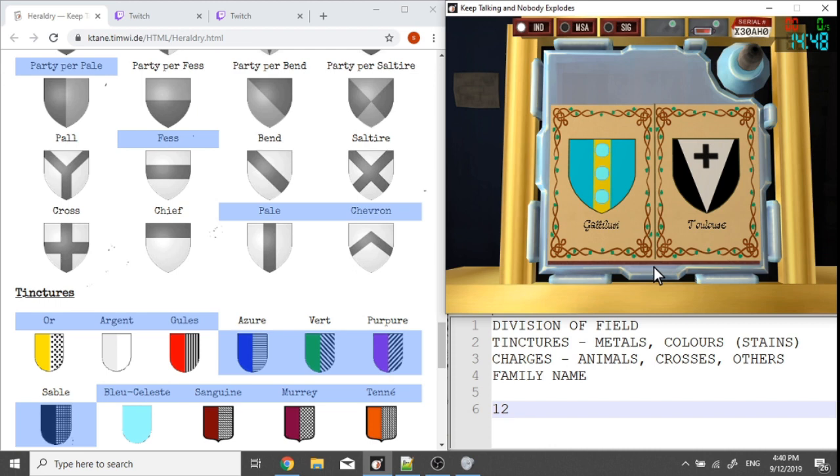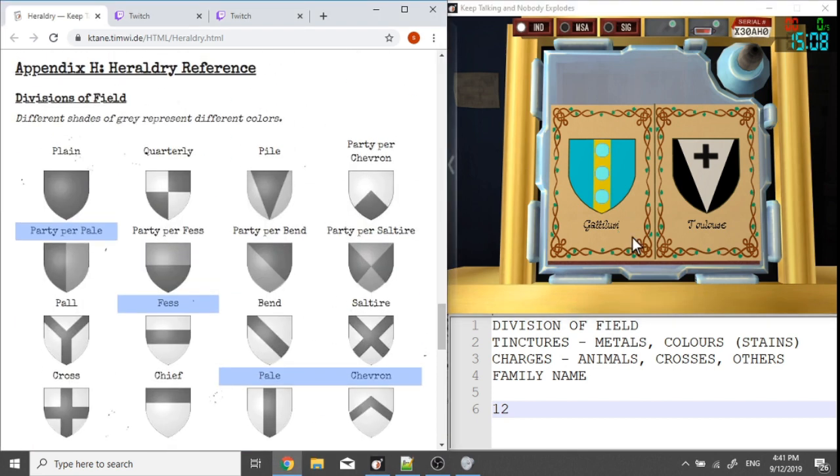Now this one's interesting. The color is valid. We have a colored charge on a metal field, so that's alright, it does not break the rule of tincture. So then let's look at whether this is a valid division. It is in fact, it's a pale.